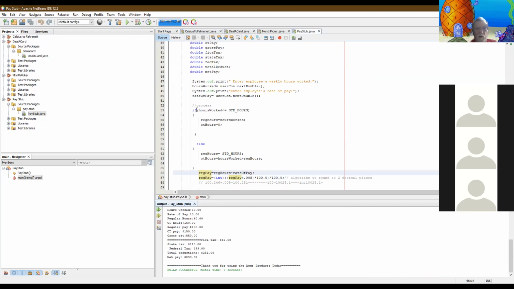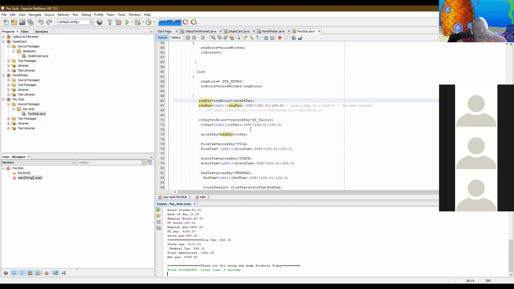If it's under or equal to that, regular hours is equal to that and overtime is 0. Regular standard hours, that's right. And then that works.